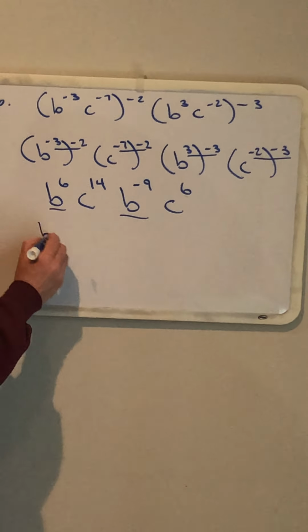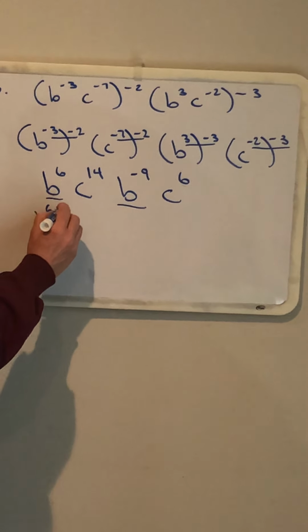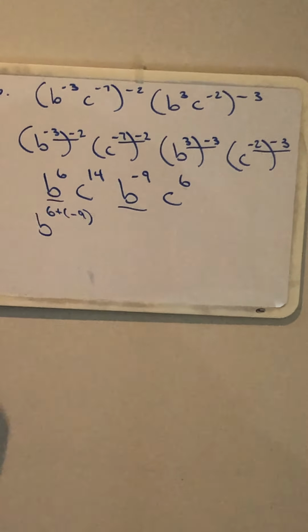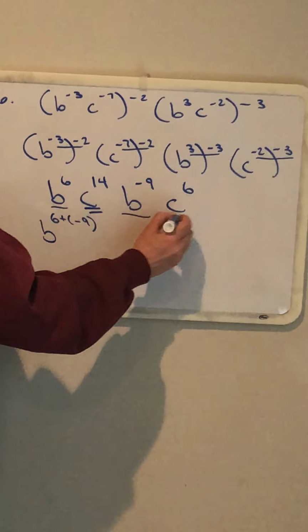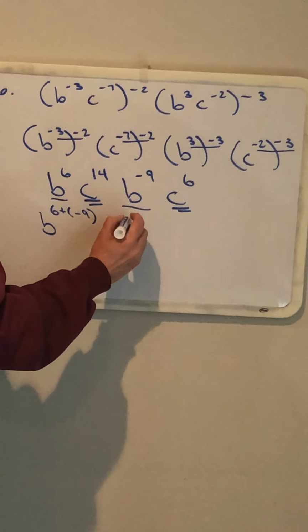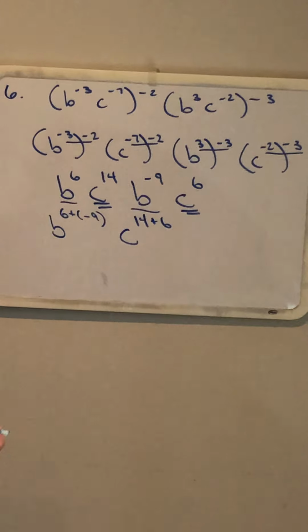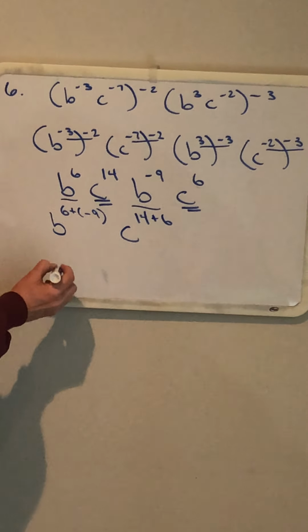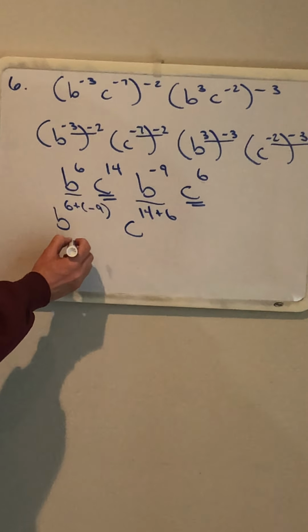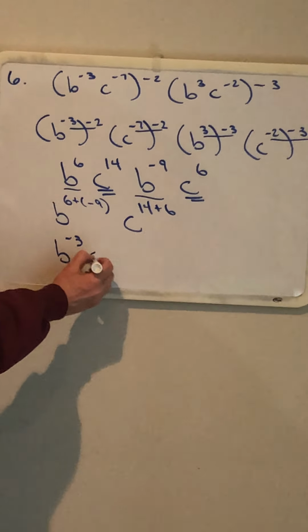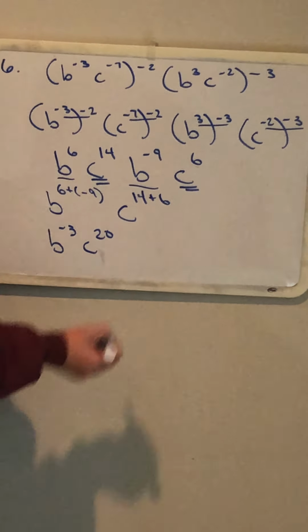So this is b to the 6 plus negative 9, and then it's c to the 14 plus 6. So you have b to the negative 3rd, c to the 20th.